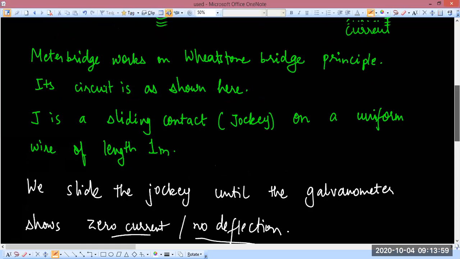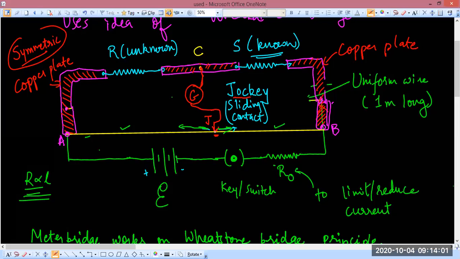Here we are sliding this jockey, moving it left or right anywhere on this wire, until the galvanometer shows zero current.